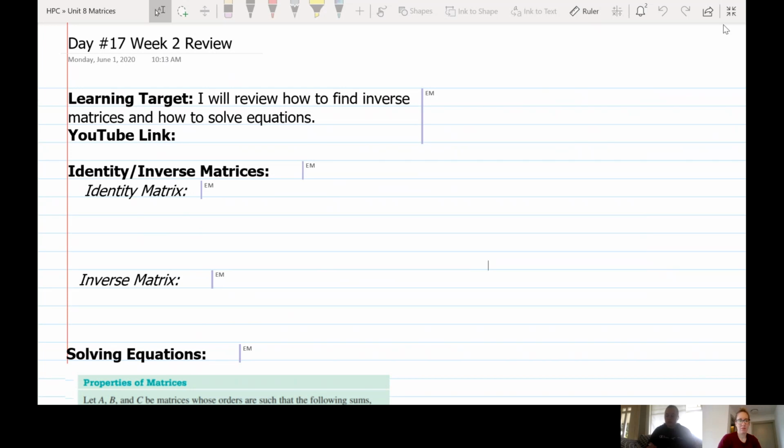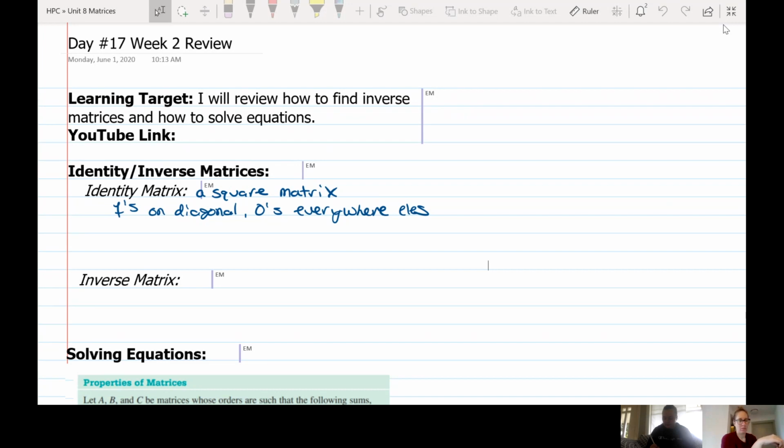Okay, so remember that our identity matrix is a square matrix, and it has ones along the diagonal and then zeros everywhere else. So it should look like this.